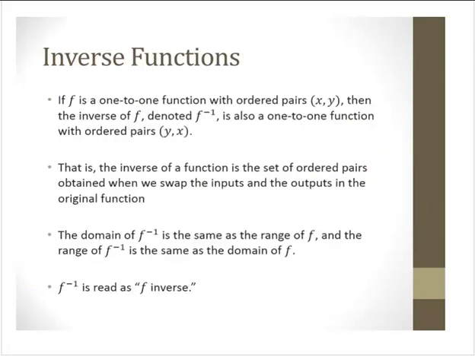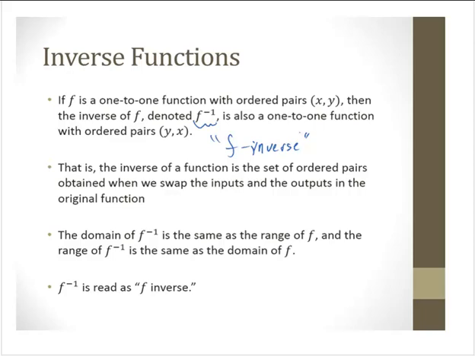All right, so a little bit about notation. If f is a one-to-one function with ordered pairs x, y, then the inverse of f is denoted f inverse. So notice the notation there. We say f inverse. We don't say f to the negative first. We say f inverse. f inverse is also a one-to-one function with ordered pairs y, x.